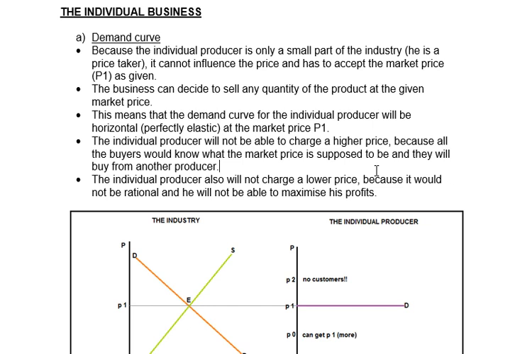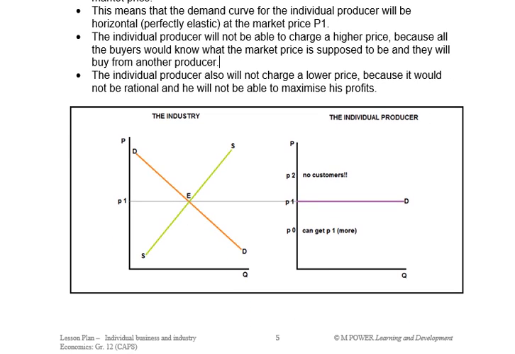They know that products are identical, and they know that the identical product at the market price will be available from many, many, many other producers. So if our individual producer tries to increase the price above the market price, okay, so if our individual producer says, I don't want to charge P1, I want to charge P2, he is going to have no customers.